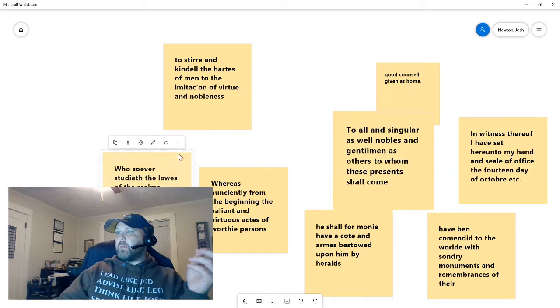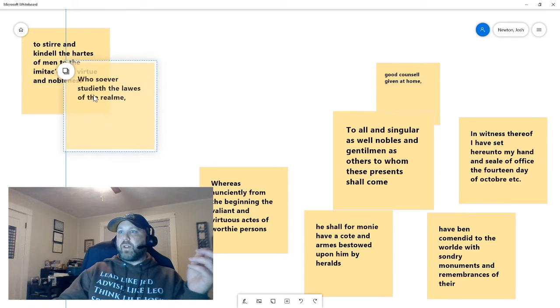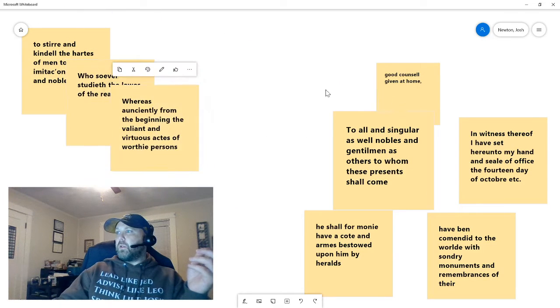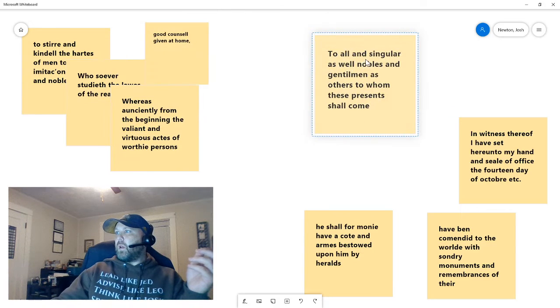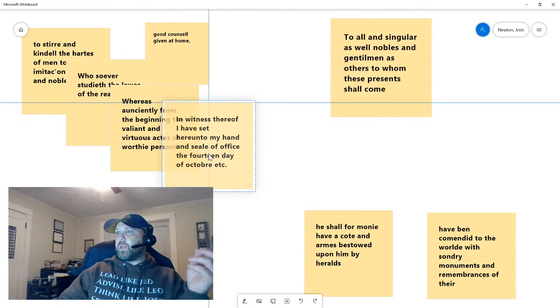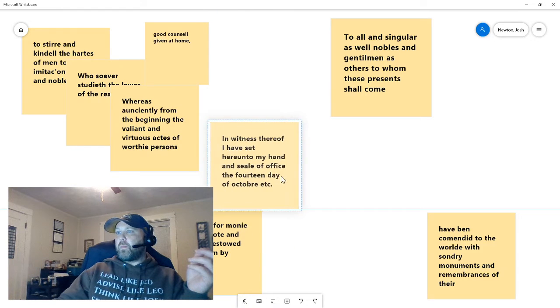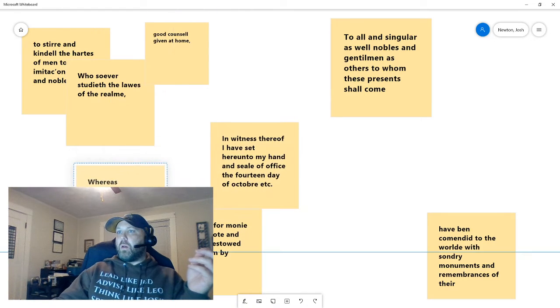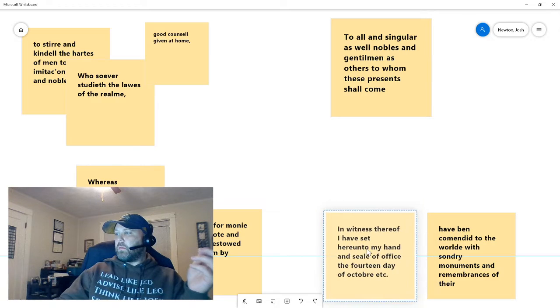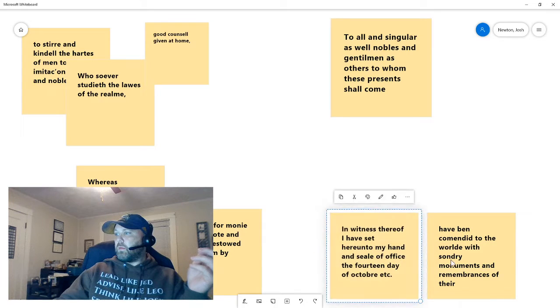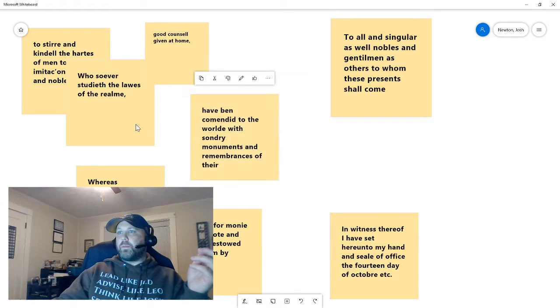And so I'm going to move these over here. I know I'm putting it behind my camera, but that's fine. So I know that's where we're going to start. And then we know that's going to be the end.